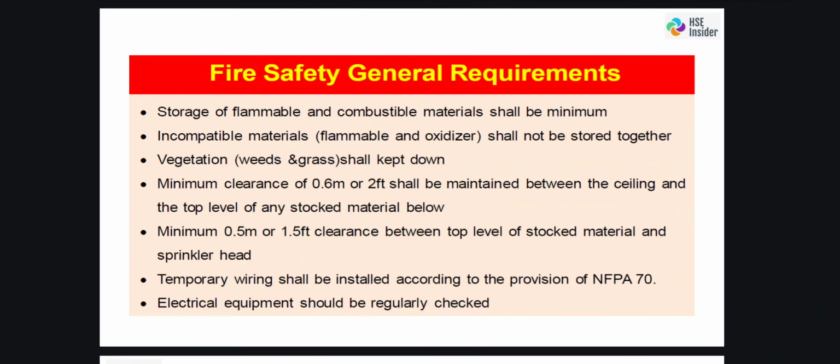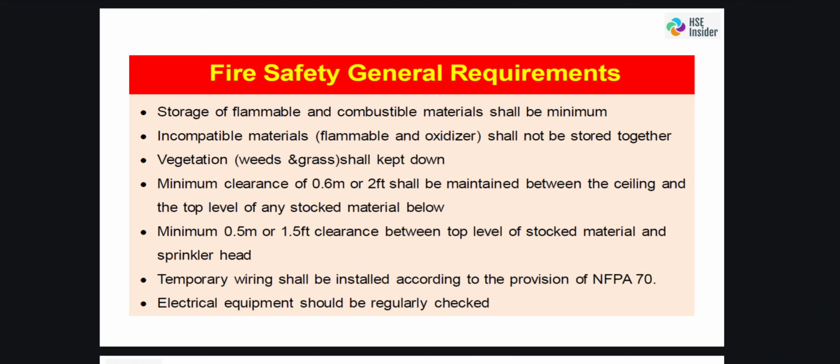In the last part, we discuss the basic general requirements for fire safety. Storage of flammable and combustible material shall be kept to a minimum, or avoided as much as you can. Incompatible materials, flammable or oxidizable, shall not be stored together. Please ensure this while storing materials. Vegetation, weeds and grass shall be kept down.